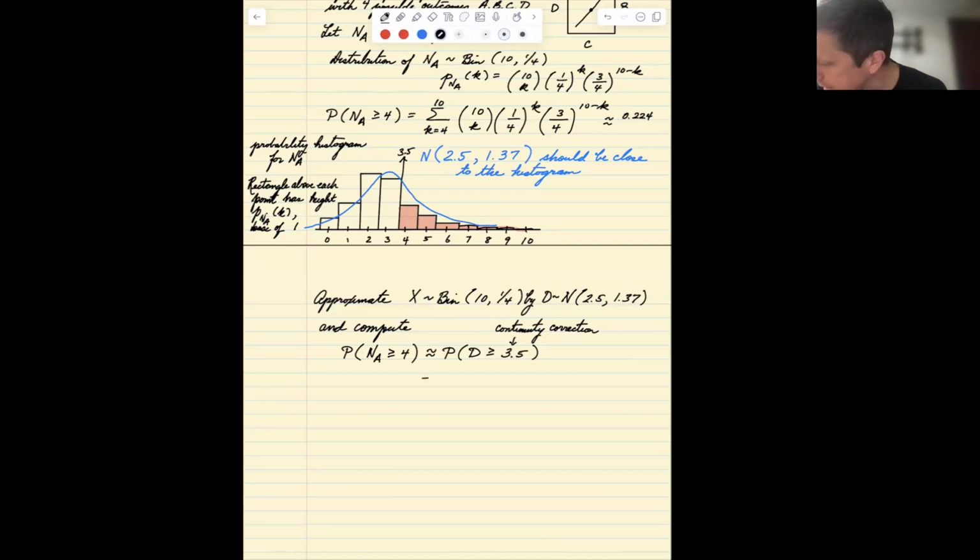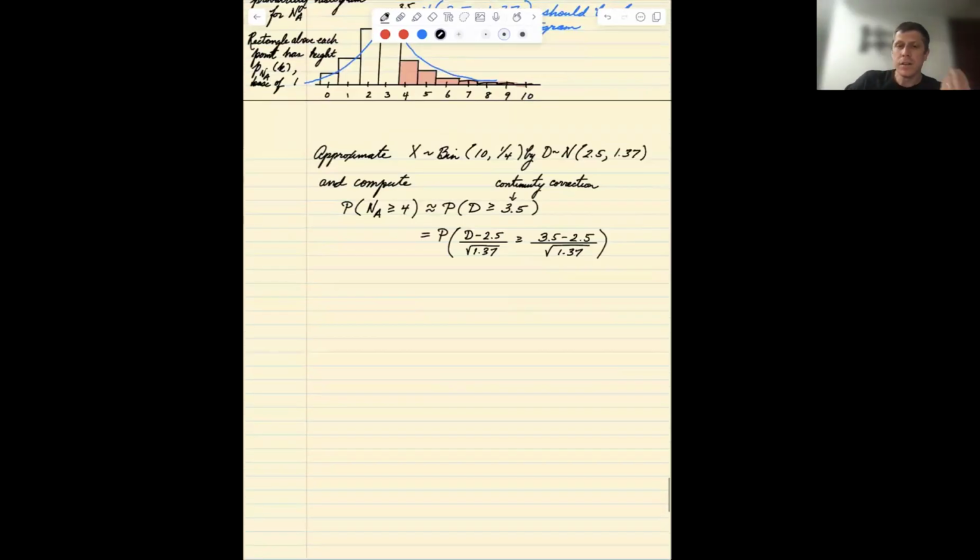Well, since D is a normal with mean 2.5, variance 1.37, if we normalize, then on the left-hand side we have a standardized normal distribution.